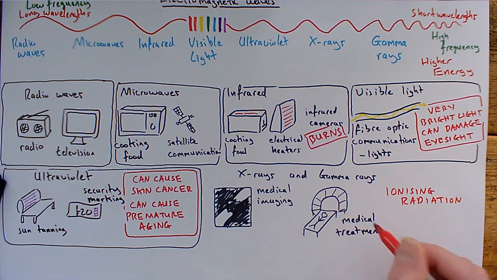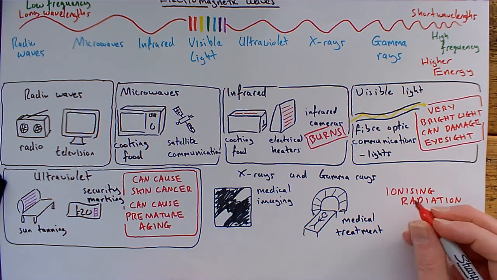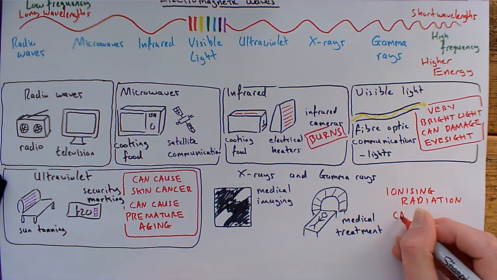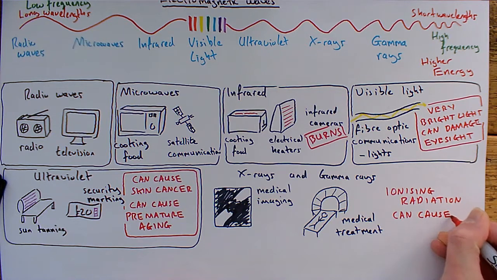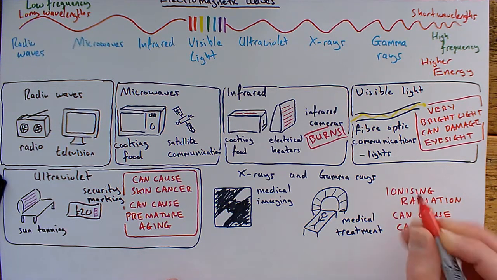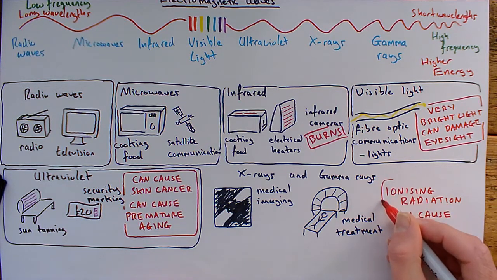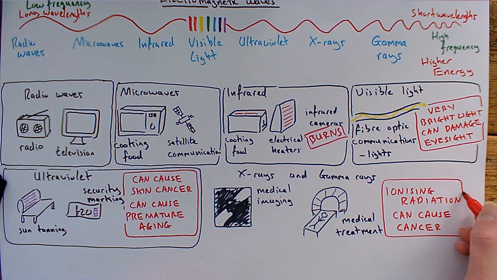Now, in the case of these, if you're exposed to X-rays and gamma rays, there's a risk that they may knock electrons off of cells in your body, and that it can cause cancer. So, can cause cancer, but can also be used in the treatment of cancer.